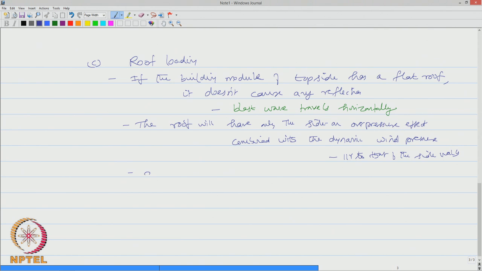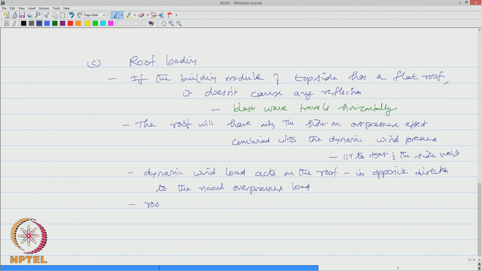We all agree that the dynamic wind load acts on the roof in the opposite direction to the normal overpressure load.